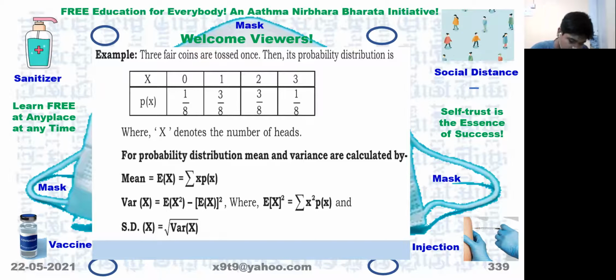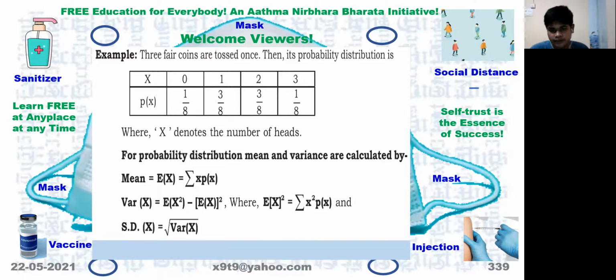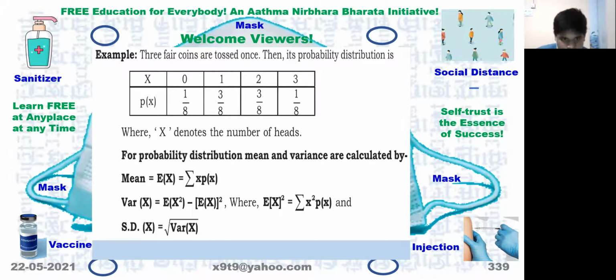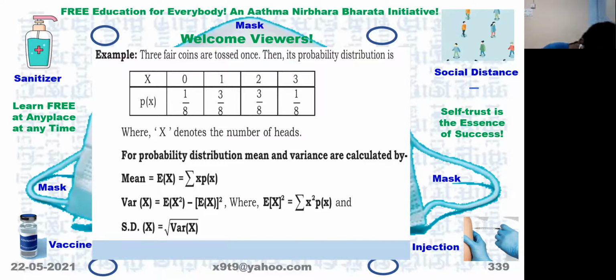So here, now if you write all the combinations, you can write HHH, HHT, HTH, HTT, THH, and like that. Can you write all the combinations somewhere on the paper? You can start with HHH.